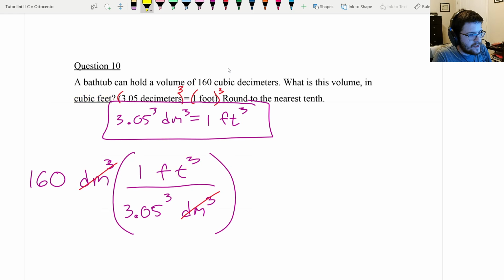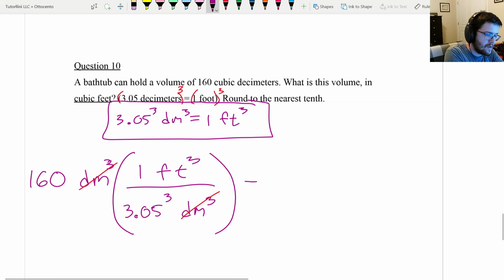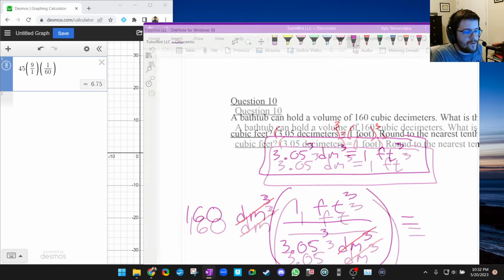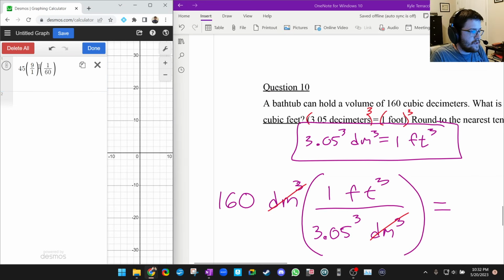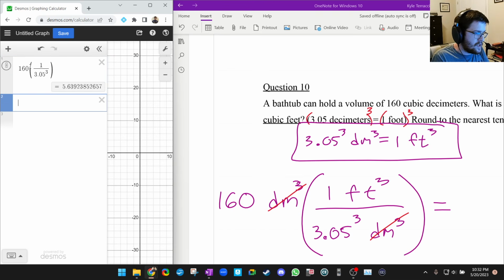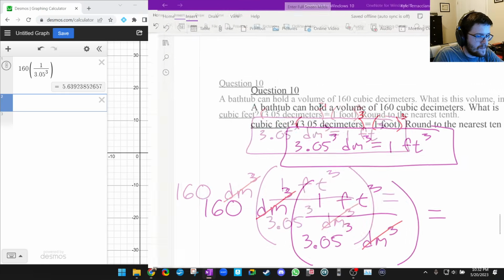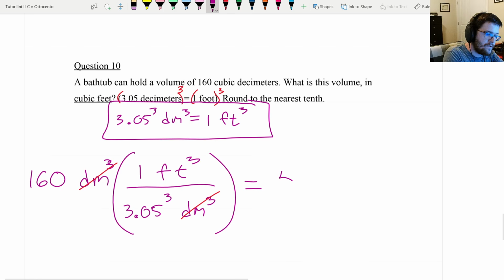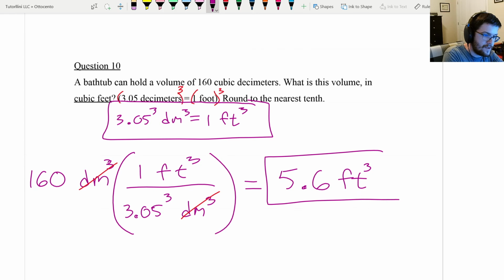So now we can go straight to the calculator and do 160 parentheses 1 over 3.05 to the third. Type in exactly as written. And it wants us to round to the nearest tenth. So I guess that would be about 5.6. So 5.6 feet cubed or cubic feet is our answer.